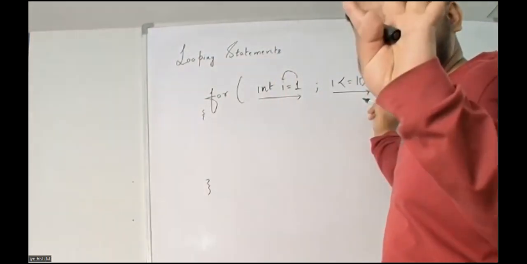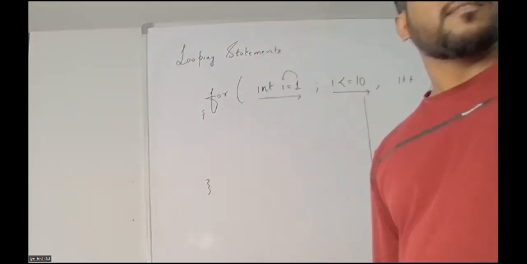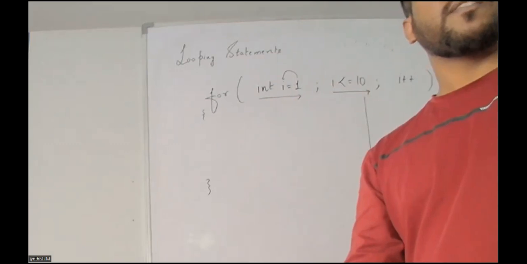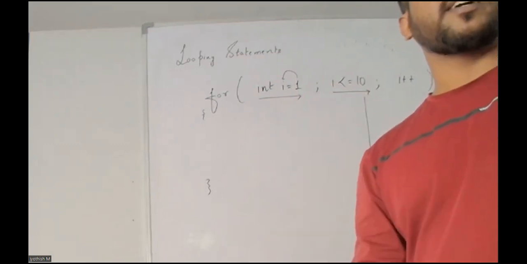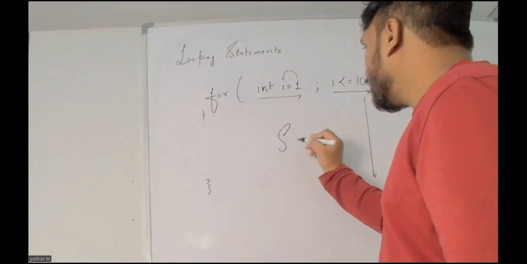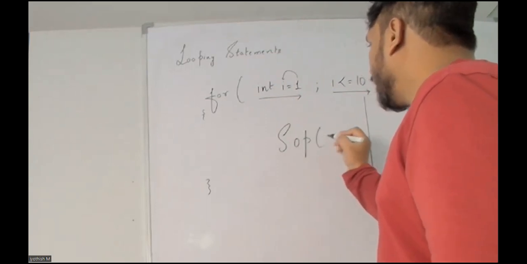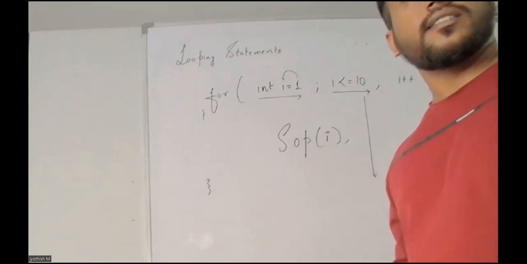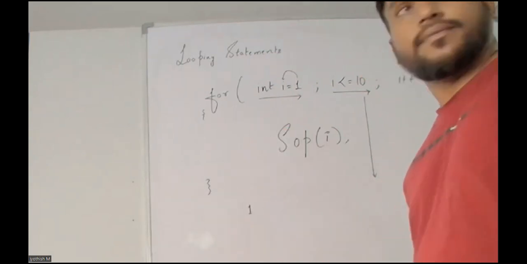Next, it will go inside. You don't iterate first. If the condition is true, it will go inside. So I'll simply write System.out.print(i). What is the i value initially? 1. It will print 1.